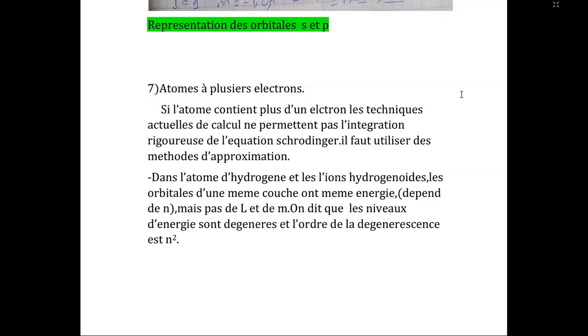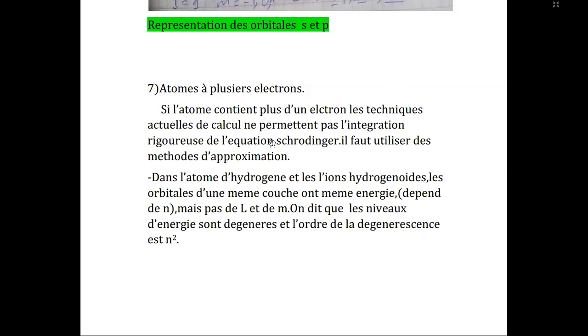Si l'atome contient plus d'électrons, les techniques actuelles de calculer ne permettent pas l'intégration rigoureuse de l'équation de Schrödinger.